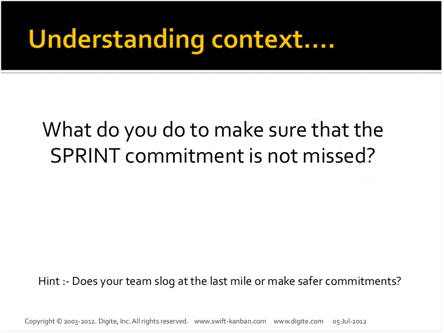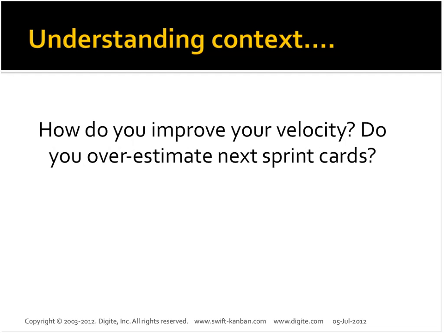Another thing, let's say you are tracking your burn down and you suddenly notice that you will not be able to meet your sprint commitment. What would you do? Would you go ahead and slog it out, in what is typically called a mini death march?